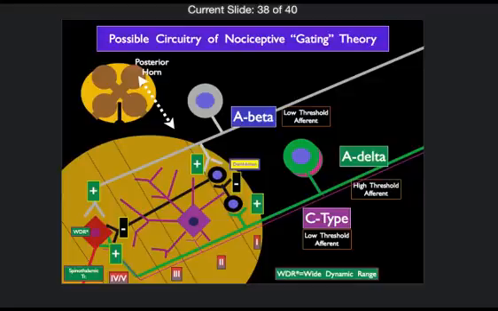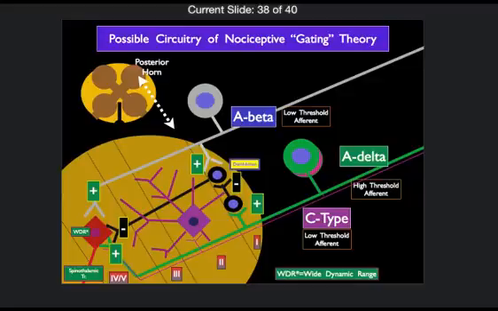When the A beta, which is a non-noxious input, comes in, it immediately activates in lamina 1 an inhibitory neuron to the WDR neuron, which is, in my way of thinking, the final common pathway, second order neuron to the brain, lamina 5, spinothalamic. So that's a direct inhibitory.